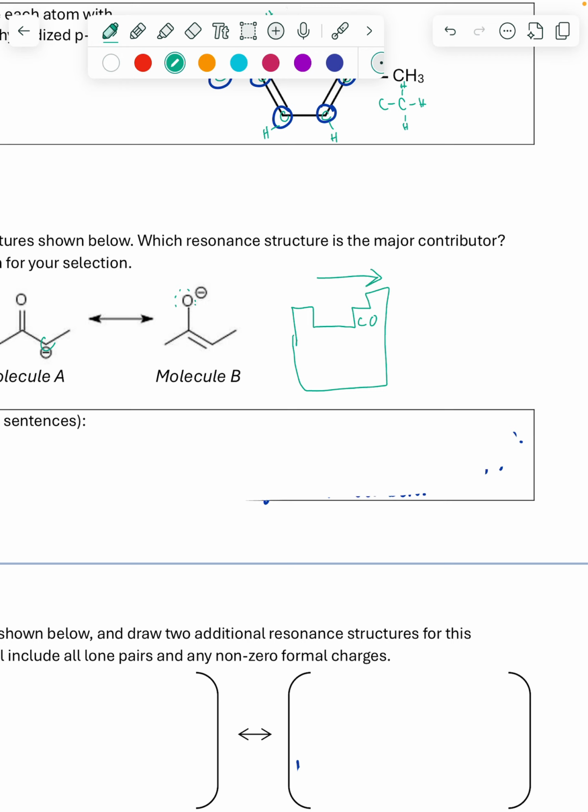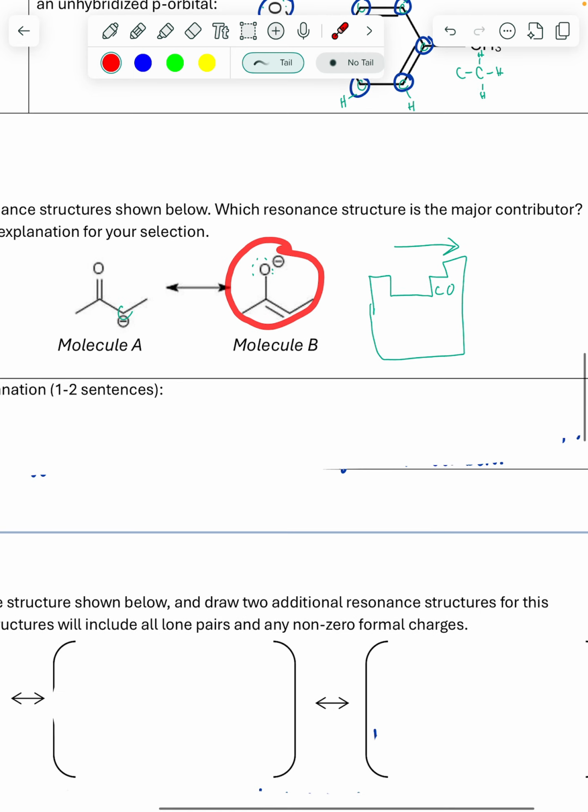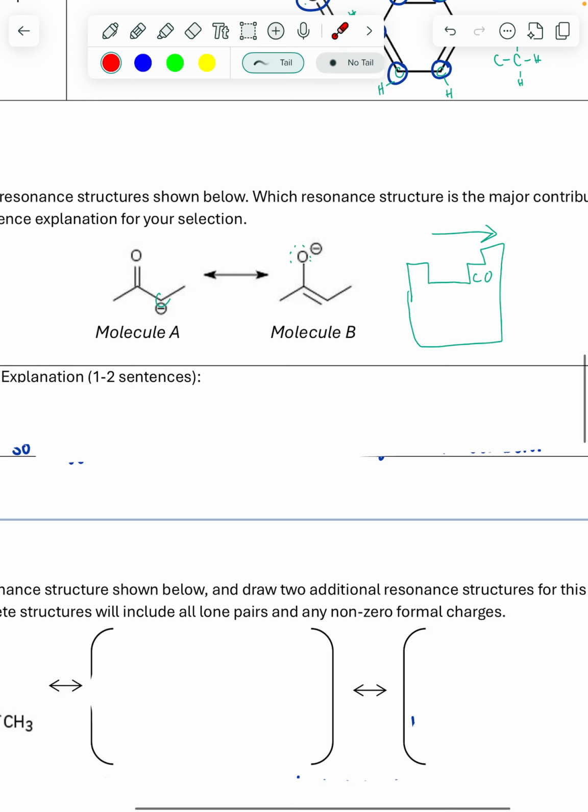And because oxygen comes after carbon, we know that oxygen is a more electronegative atom. So therefore, it's more stable with a negative charge. And that's exactly what the explanation says. The explanation actually says both structures have all closed shells and only one formal charge. The more electronegative atoms are more stable with a negative charge, so oxygen is more stable with a negative charge than carbon, which is what I just explained.